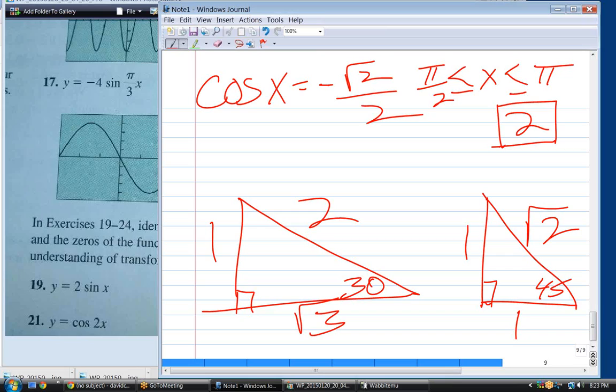Which angle is it from my little triangles down there? Now this is a little bit tricky because you can't get it directly from my triangles, but they may have actually taught you this second triangle with different dimensions.